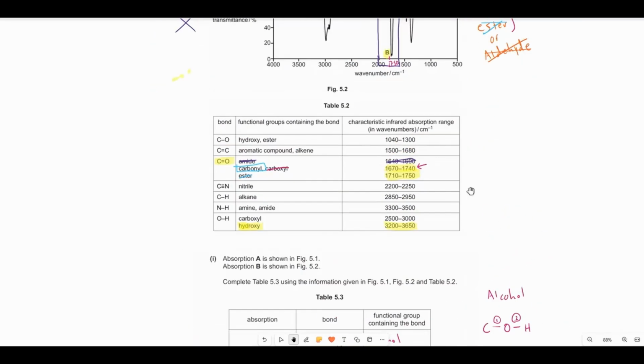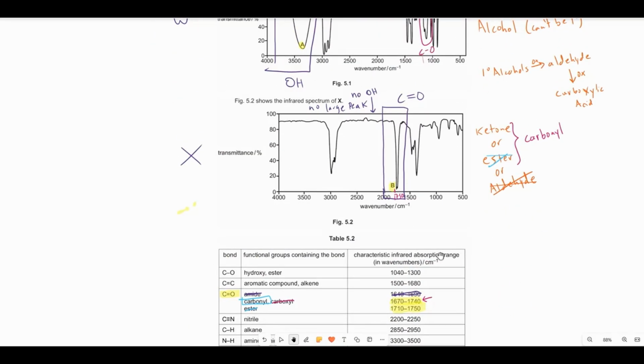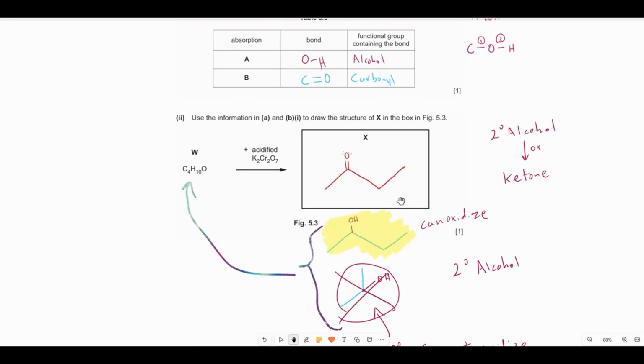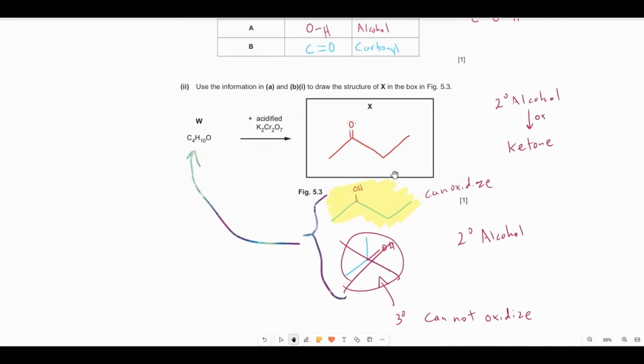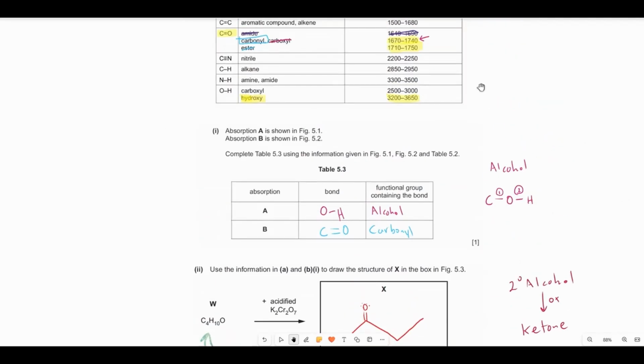This is a ketone, which the IR for X fits. It has 4 carbons, 1 oxygen, and 8 hydrogens. The original W has 4 carbons, C4, 10 hydrogens, H10, and 1 oxygen, which fits our W chemical formula.